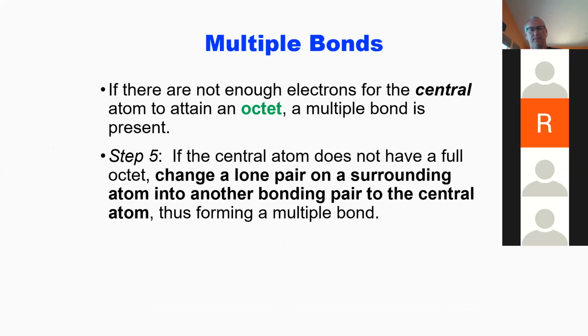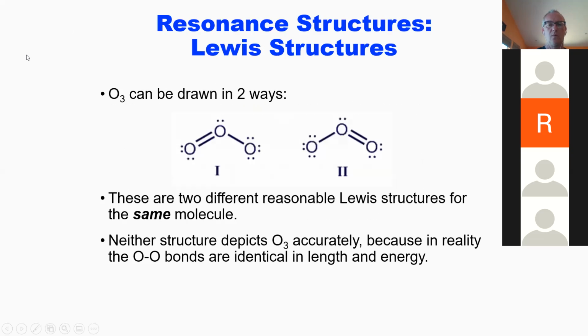So if you're going to make multiple bonds, remember you could change a lone pair on a surrounding atom and make another bond. Let's just give you an example. Here we've got ozone. We've got 3 oxygens.